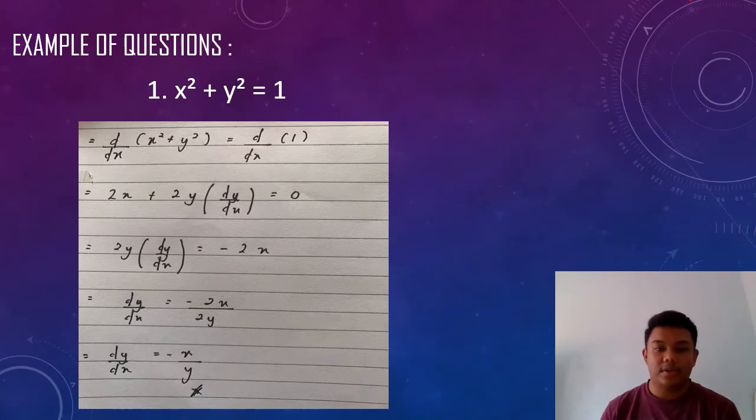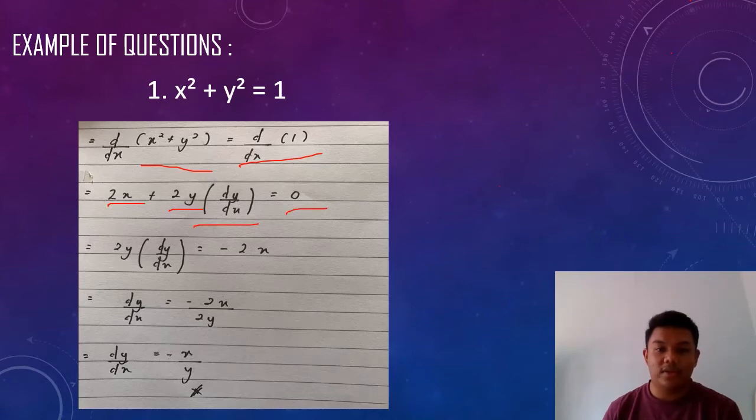The first example is x squared plus y squared equals 1. What we are going to do is differentiate both sides. Differentiating x squared gives 2x. Differentiating y squared gives 2y. But in implicit differentiation, we choose one of the unknowns, which is y, to be a function of x, so we put dy/dx.